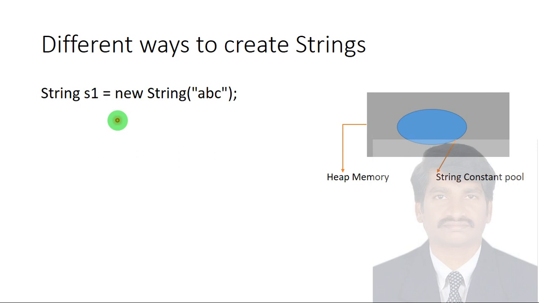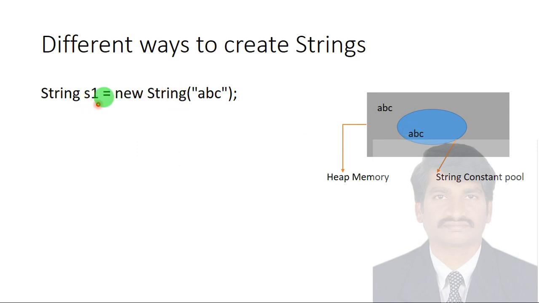Okay guys, this is the first way of creating the string, that is string s1 is equal to new string of abc. So what will happen when I say string s1 is equal to new string of abc? How many objects it will create? Guys, it will create two objects. See this? One in heap memory, another one is in string constant pool.